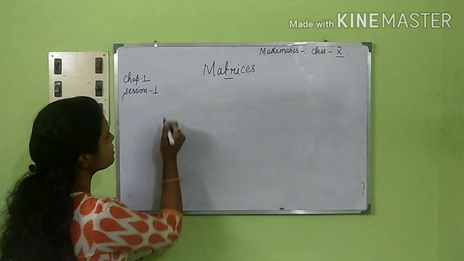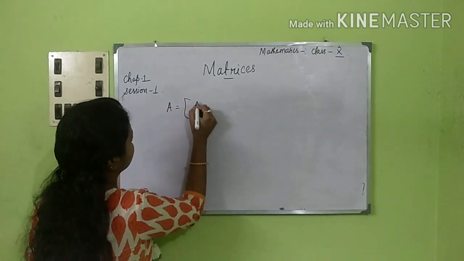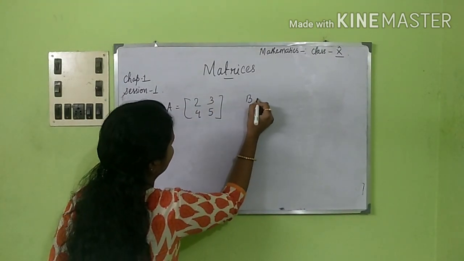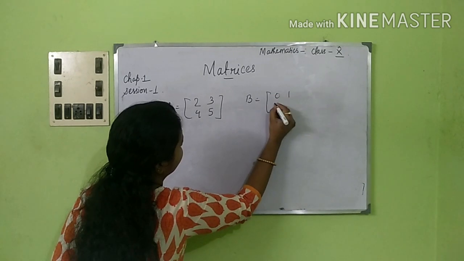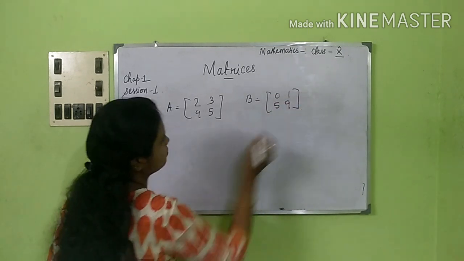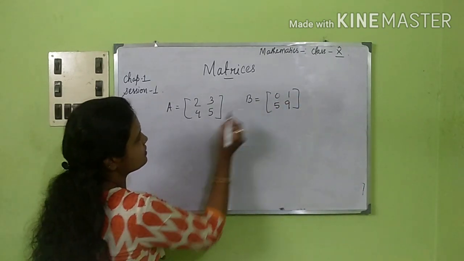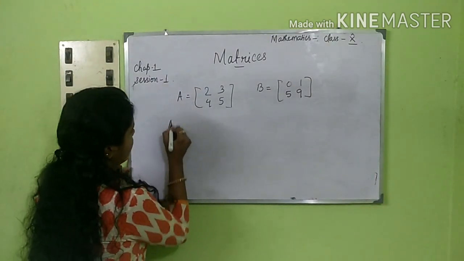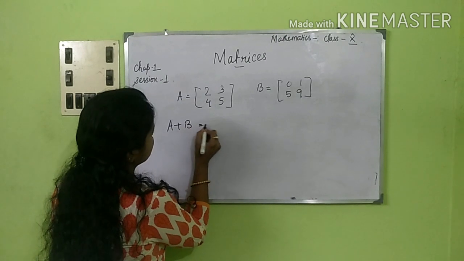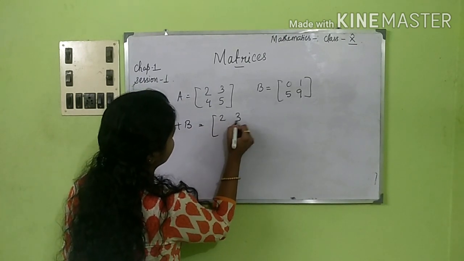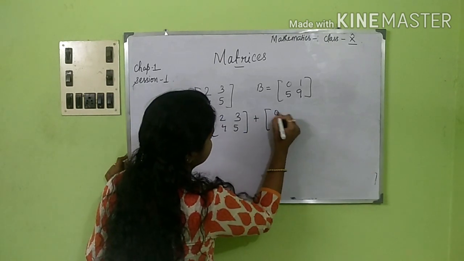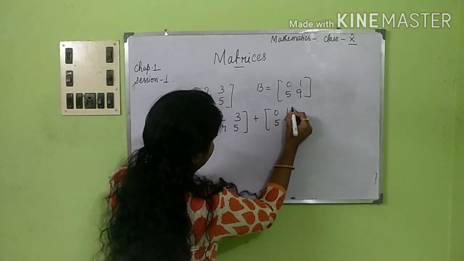Suppose A is equal to 2, 3, 4, 5, and B is equal to 0, 1, 5, 9. So this is matrix A, this is matrix B. Now we are going to add these two matrices, A plus B. So let us first write the matrices over here, 2, 3, 4, 5 plus 0, 1, 5, 9.